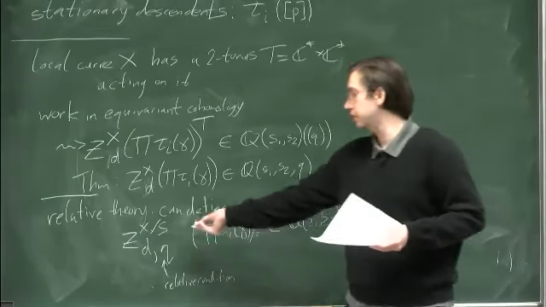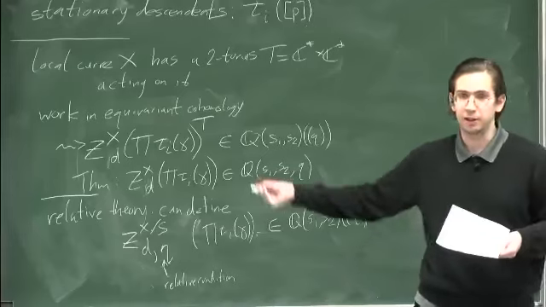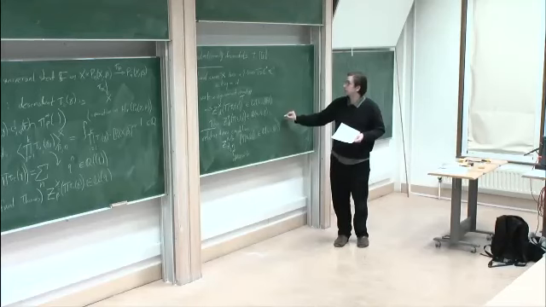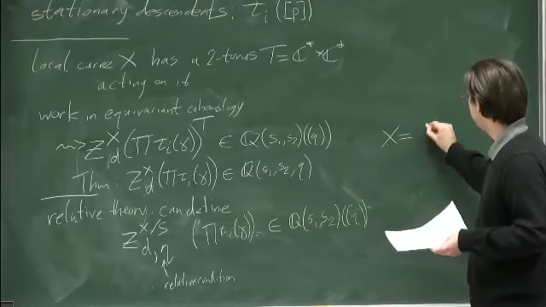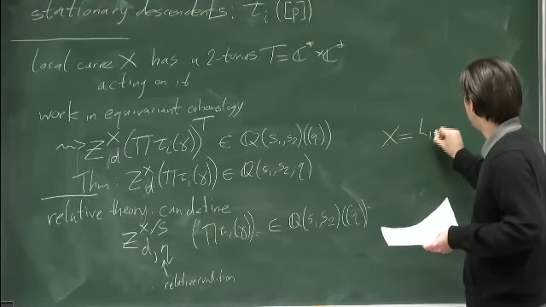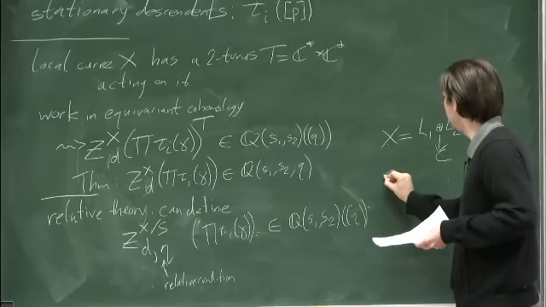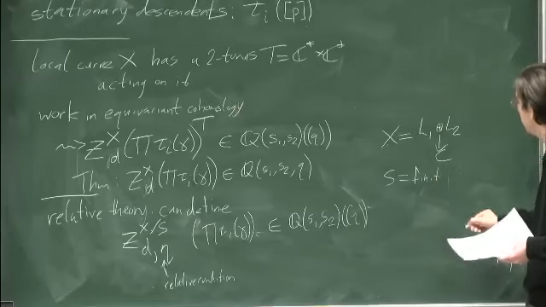Now for this to make sense, our choice of divisor S had better respect the torus action. So what S is actually going to be in the case of the local curve, where the local curve is L1 plus L2 over C, is S equals finitely many fibers of this.